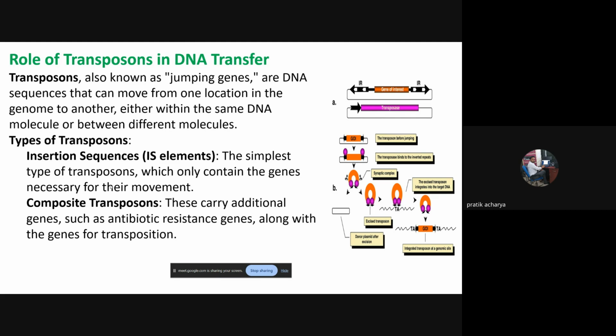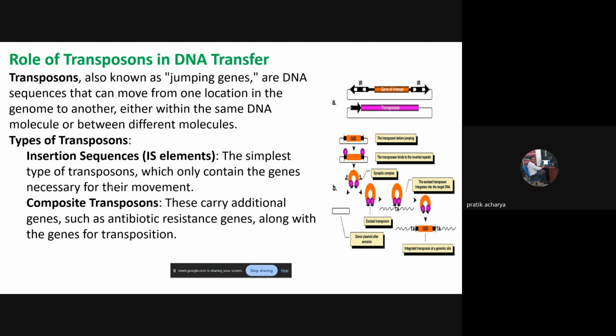This transposition can be replicative or non-replicative. In non-replicative transposition, the double helix is cut at the original site before the transposon moves. In replicative transposition, the transposon is copied at the insertion site and the origin site without cutting the double helix.